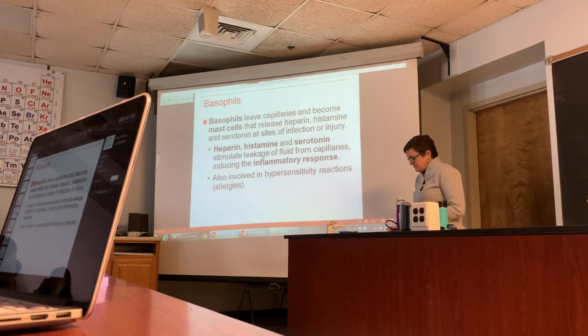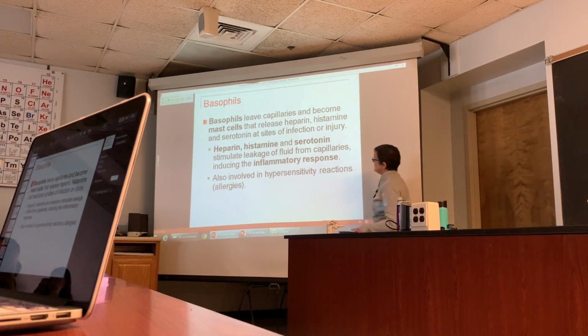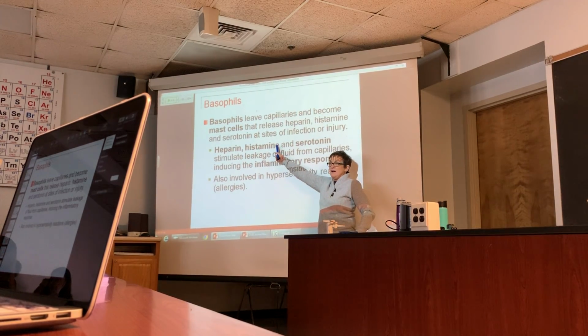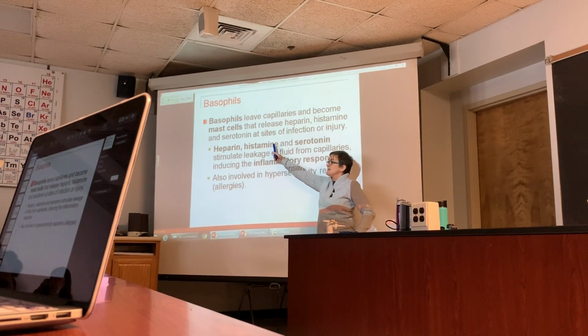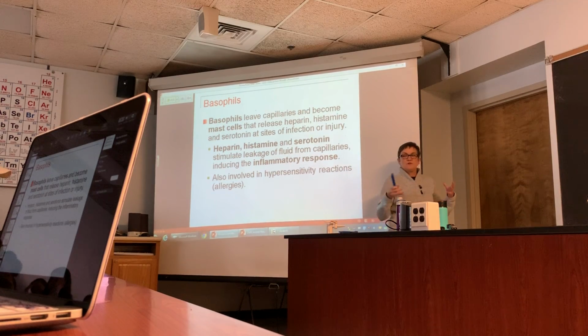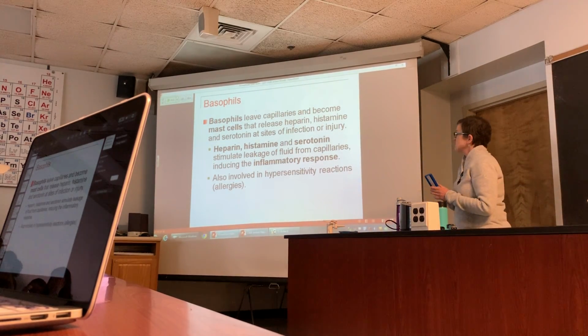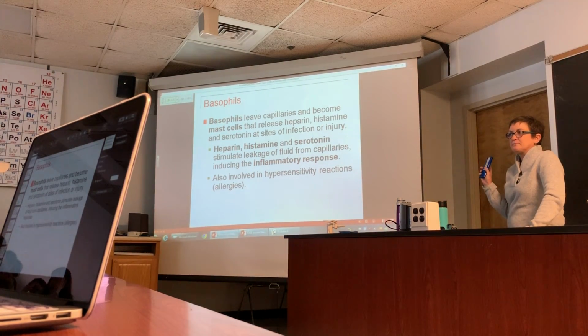And notice that one of the chemicals that they produce is histamine. Oftentimes when you have an allergic reaction, you take an antihistamine, which helps reduce that inflammatory response. Any questions about that?